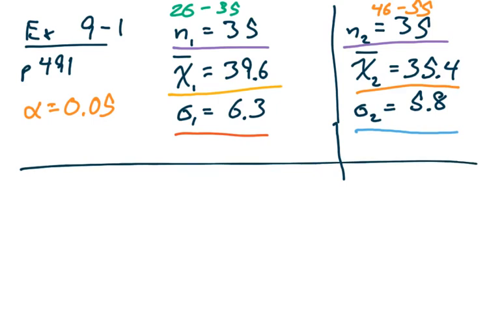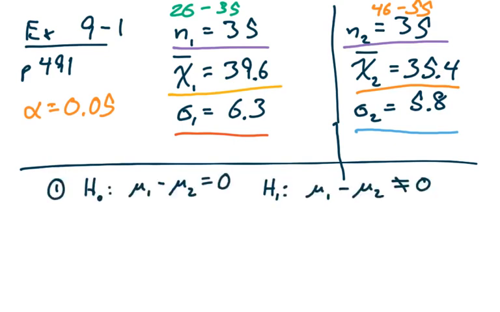So let's go through our hypothesis test. All right, so here's step 1. H0, I've written it as μ1 minus μ2 is equal to 0. So that means that for population 1, we have the age group 26 to 35, their average leisure time, and then population 2 is 46 to 55, their average leisure time per week.